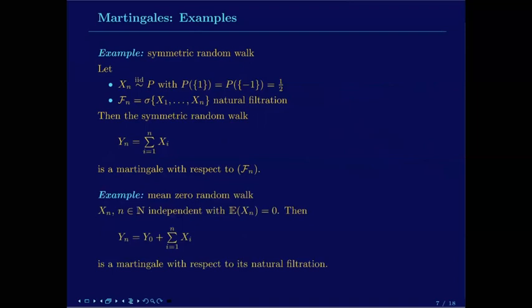Likewise, slightly more general, we can have a mean 0 random walk. So now the X_n are independent with mean 0, and Y_n is defined as Y_0 plus the sum of the X_i. Now we need that the mean of all the X_i exists.